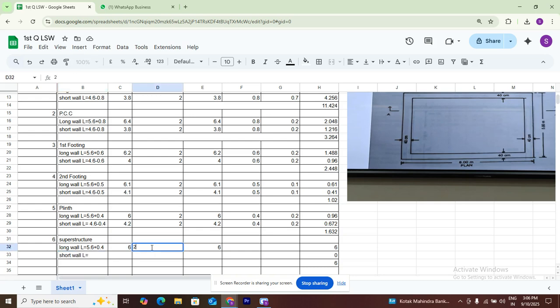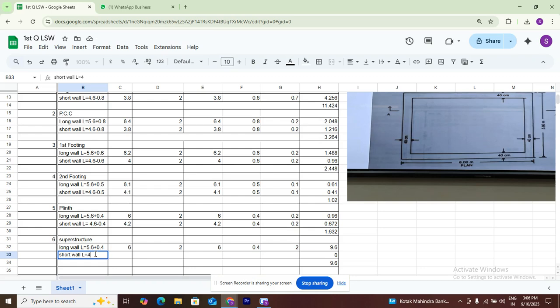Number of walls, two long walls. Width of the wall is the same 0.4 and height is 2 meters. Okay, quantity is calculated. What about the short wall?